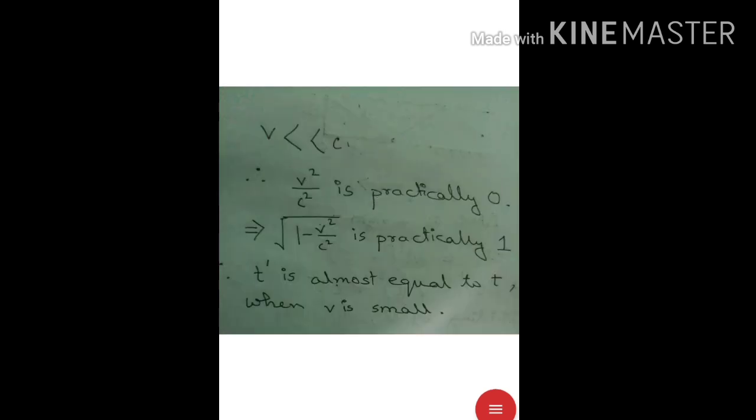Now let's talk about why we don't actually observe it. Actually, v is much smaller than c. C is the speed of light, as you know. It's 299,792,458 meters per second. And v in everyday situations is very small compared to c. So v squared will be smaller than c squared, and it is actually so small that v squared by c squared is practically 0. So 1 minus v squared by c squared will also be practically 1.